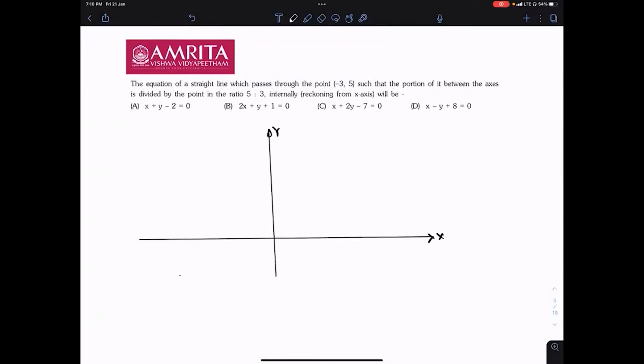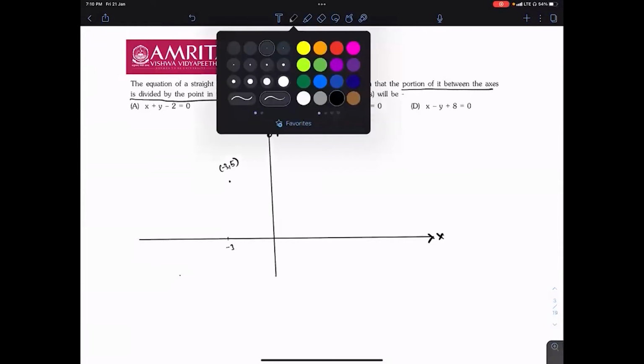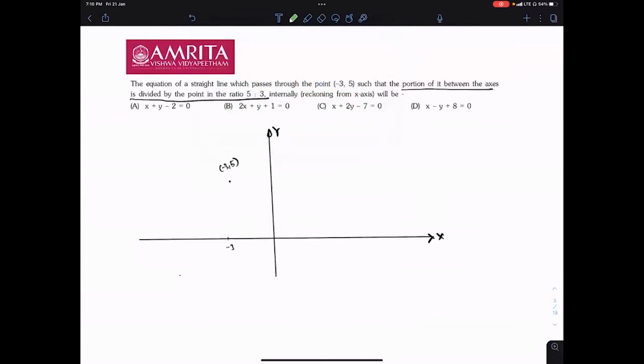The equation of the straight line which passes through the point (-3, 5) such that the portion of it between the axes is divided by the point in the ratio 5:3.